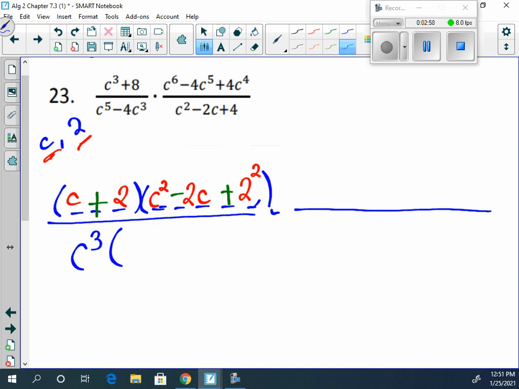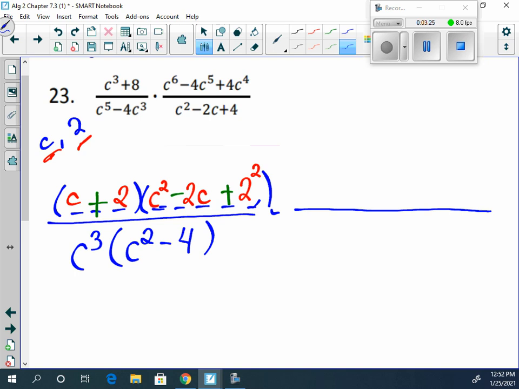If I factor c to the third out of c to the 5th, I take 3 away from 5. I'm left with c squared. Minus, well, we didn't do anything to the 4, so it stays. And if I factor c to the third out of c to the third, they simplify out completely, which leaves me with c squared minus 4.